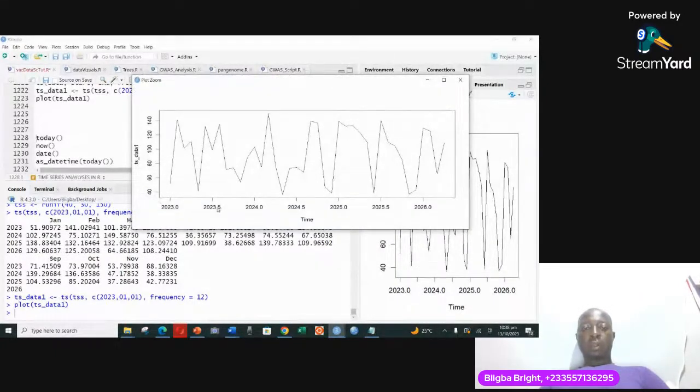And look at it. This is 2023, 2023.0, 2023.5. Then it goes all the way up to 2026. The data has been organized. So now you can see that from 2023 to 2023 May, and then from there up to the next month, you can see how whatever you were measuring was moving.